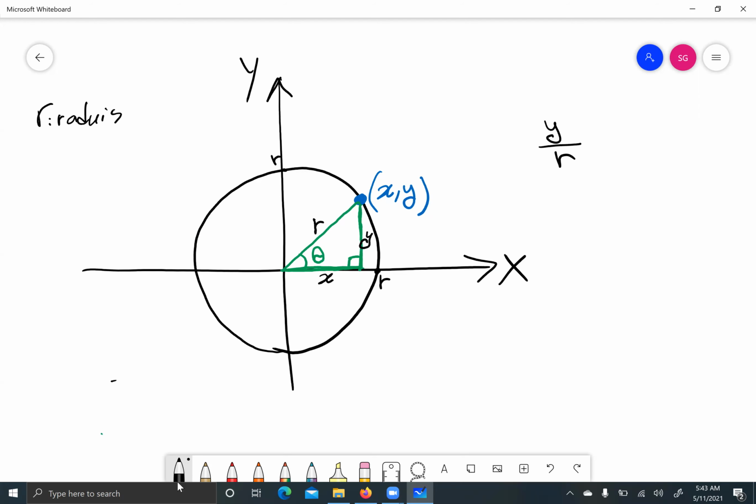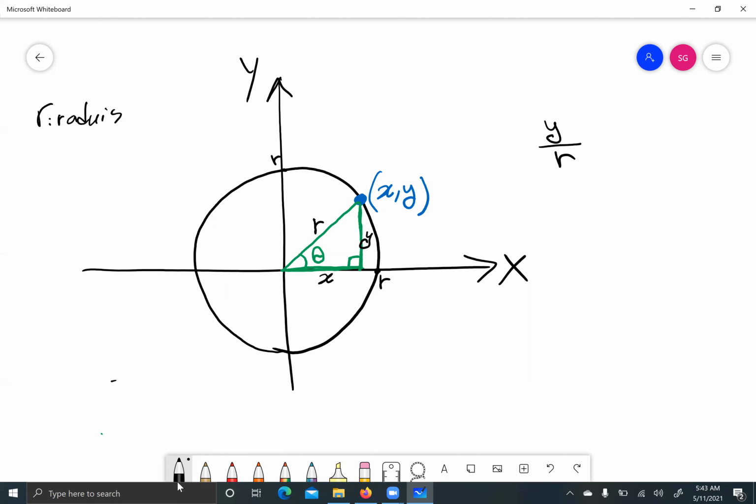I think maybe in the previous module, I imagined that you have a unit circle, which means that r is 1, but it doesn't matter, because if it's 1, then you don't have to write it. But I'm going to define it here in a more general case. In the more general case, this circle can have any radius. The radius can be 1, can be 5, can be 10, or anything. So we use r to denote the radius.